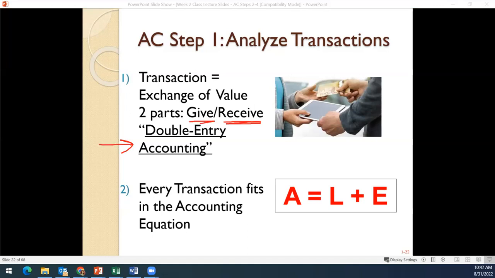And we try to fit them into the accounting equation. So what we gave and what we received, is that asset, liability, or equity? Was it increasing or decreasing? And ultimately, we need to make sure that the accounting equation stays in balance with every single transaction. It's going to have to balance out.